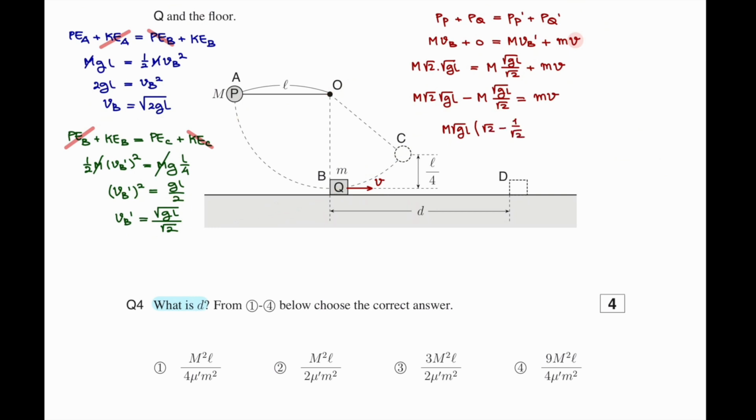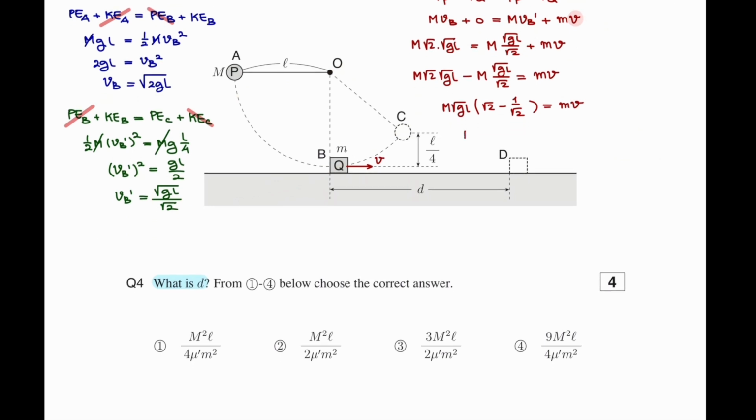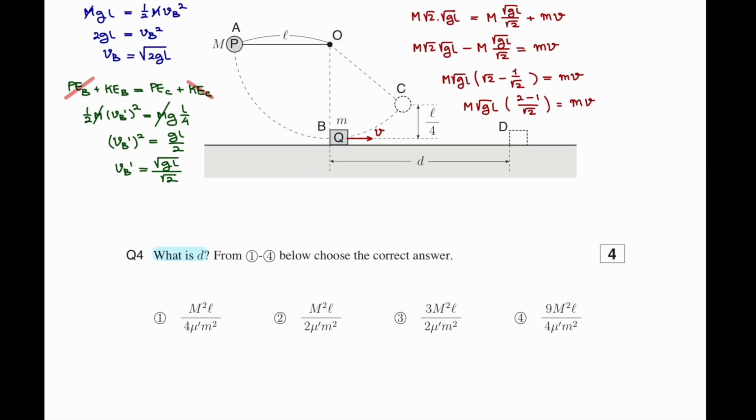1 over square root of 2 equals mv. And then if you express this into a single fraction, we will get m square root of GL times 2 minus 1 over square root of 2 equals mv, and then I will divide the small m to the other side to obtain v equals square root of GL over m times 2 minus 1 is 1 times 1 over square root of 2.